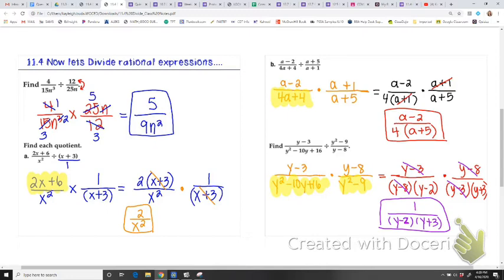So now that everything's factored, look for common factors that divide out. So the y plus 3's are gone. The y minus 3's are gone, and the y minus 8's are gone. So technically, we have crossed off everything at the numerator. So you have to put a 1 there just as a placeholder. And then you have the y minus 2 factor and the y plus 3 factor at the bottom.